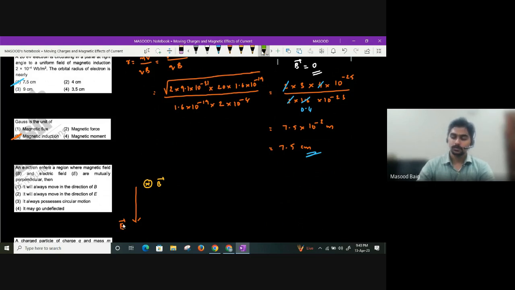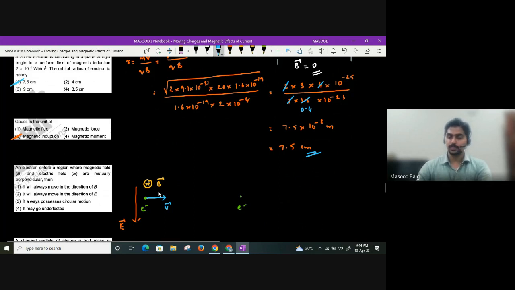Now you see, they are saying electron. What are they saying? Electron. Is it a negative charge? It enters a region where magnetic field and electric field are mutually perpendicular. So let us say it is entering with some velocity. Whenever a negative charge particle is placed in an external field, what is it going to experience?